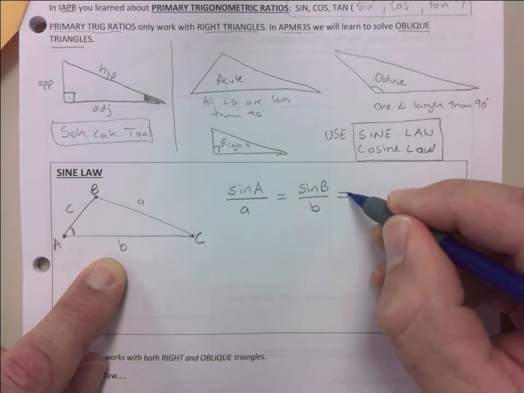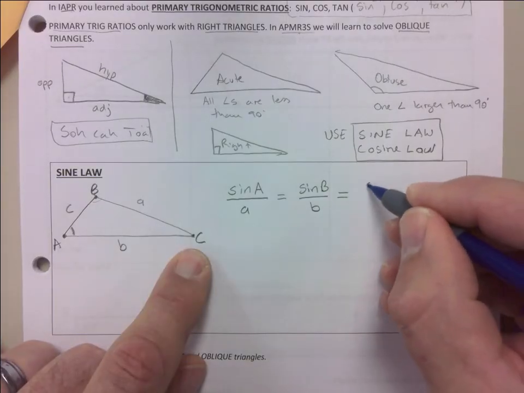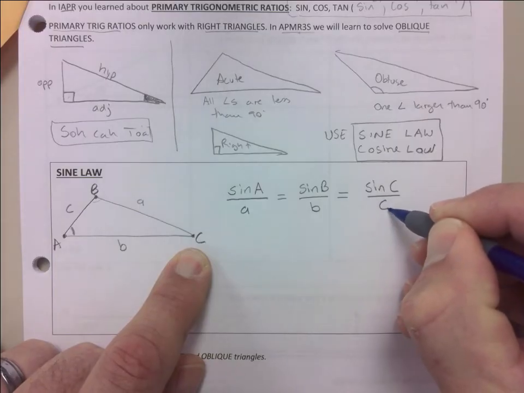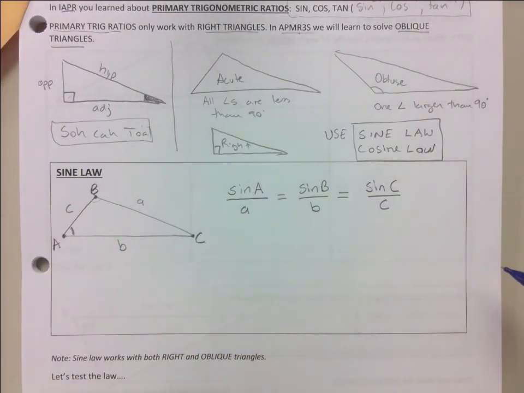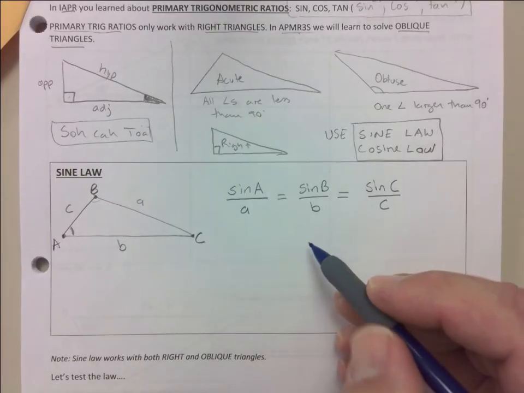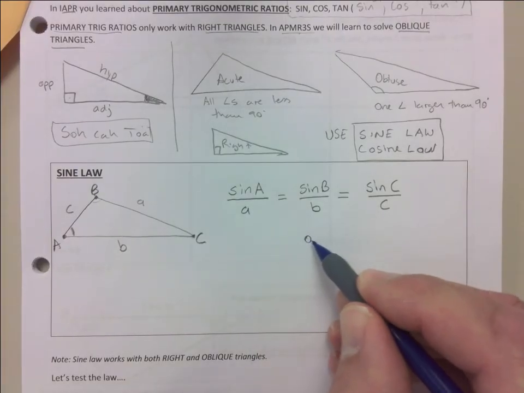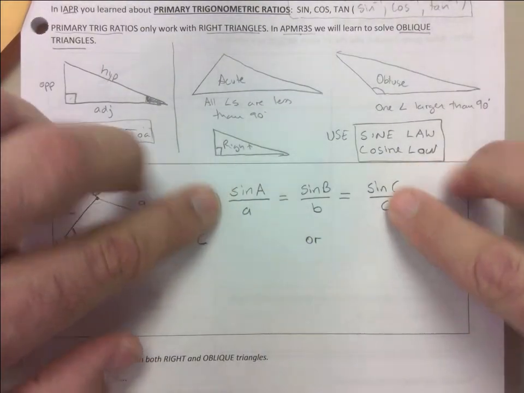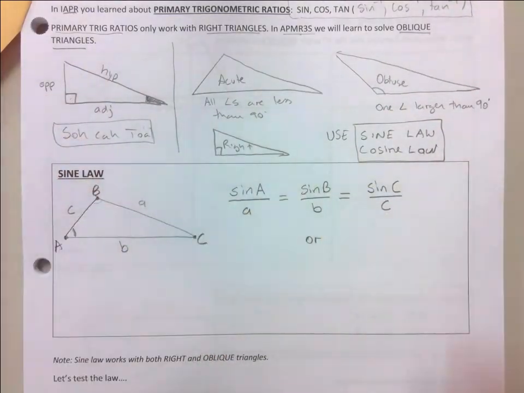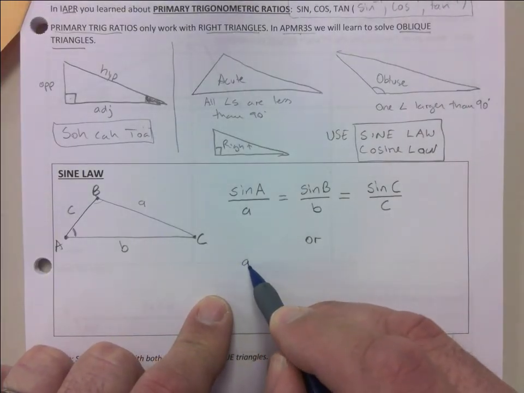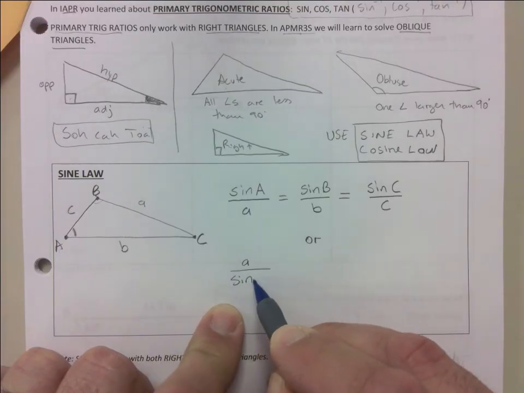And that in turn would tell us that if you take sine of angle C and divide it by side c, these ratios would all be the same, okay? I use this format all the time. Alternatively, you can flip this whole thing where you have all the sines at the bottom and the sides at the top. So some textbooks will say, hey, you can also use this format.